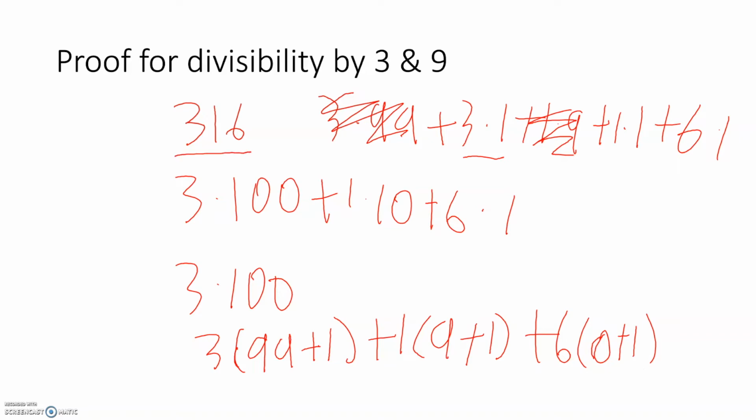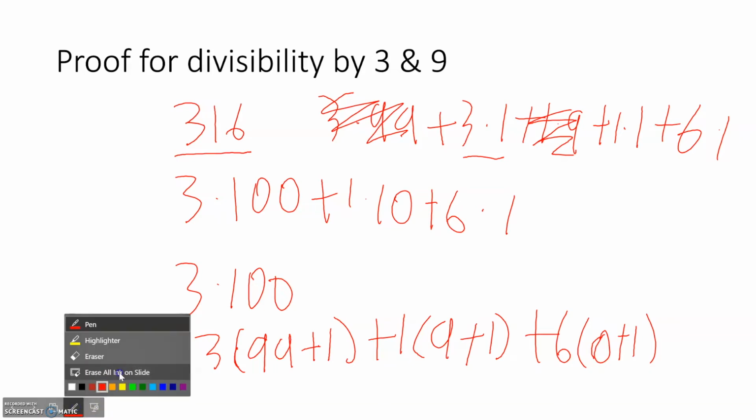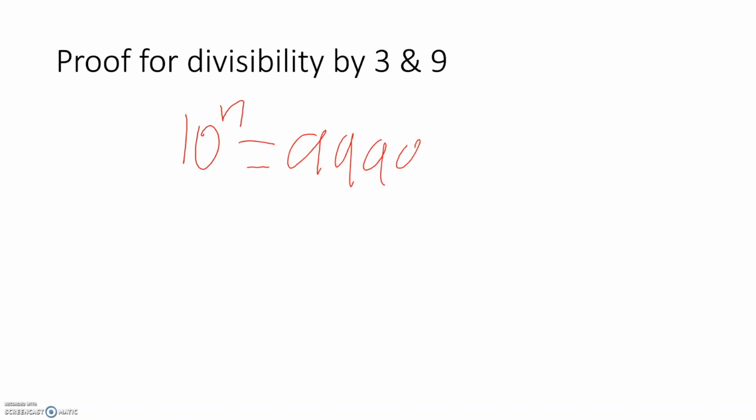If we make this into a more general idea, we can just write any 10 to the n as 9999, or this is n minus 1 nines, plus 1.